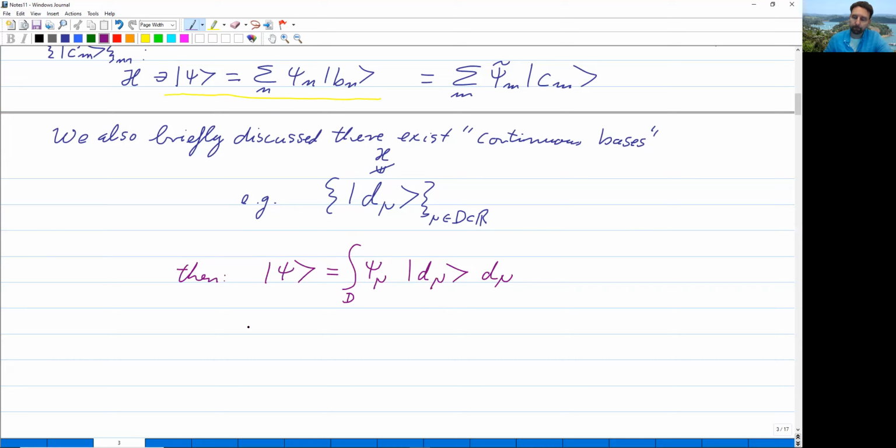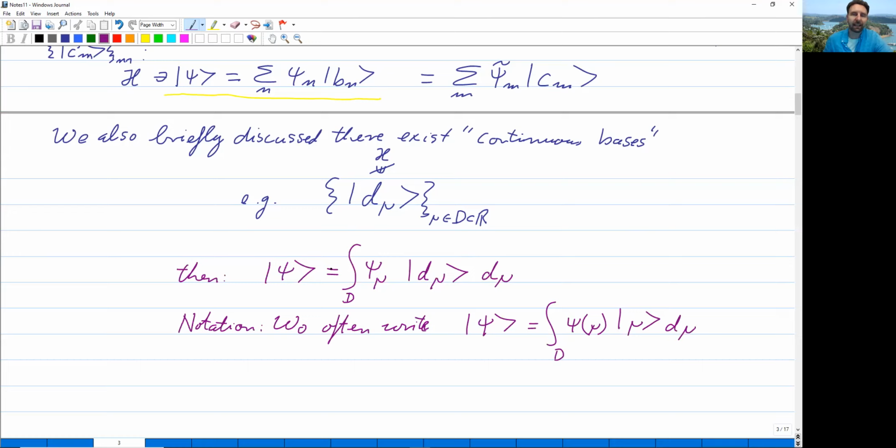However, notice that we often write these continuous representations in a slightly different way. We write psi equal to the integral over whatever the range of mu is, of psi of mu, then mu, d mu.